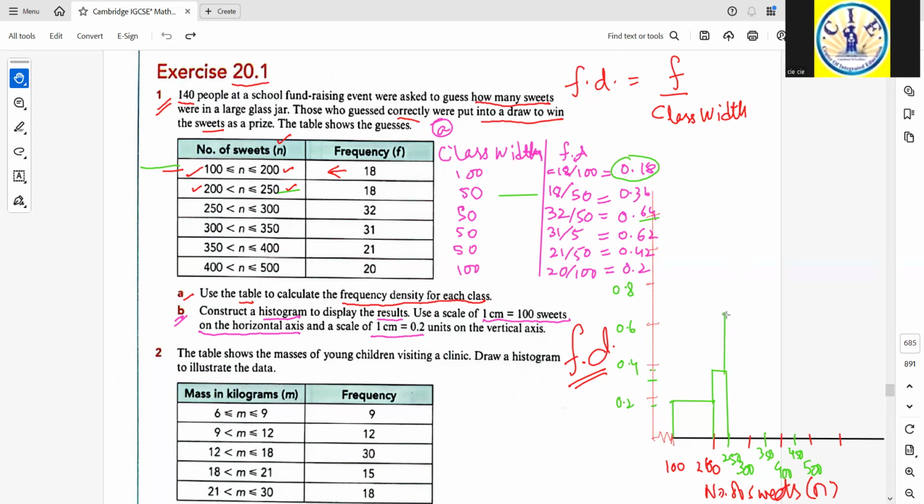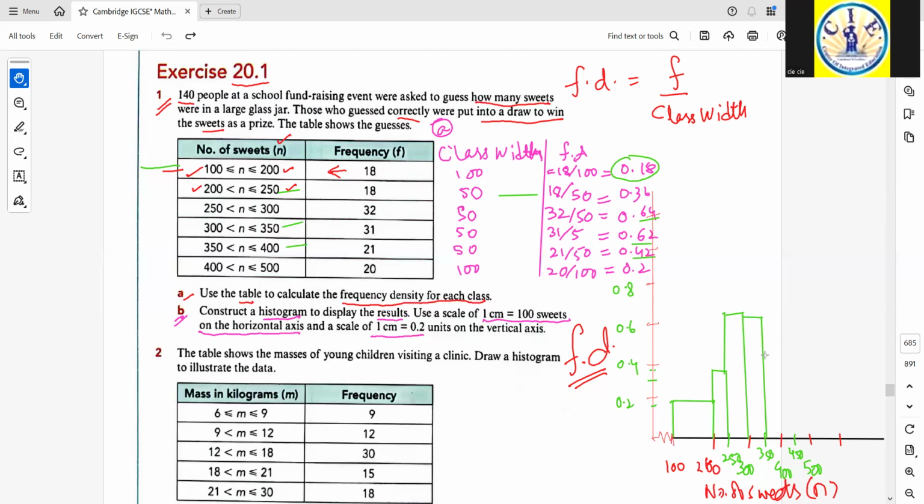Then this one, and then its height is up till 300. So that's it. And then the fourth one, its length is 300 till 350, and the frequency density is 0.62. So it would be somewhere here, and then the next one, 350 till 400, and its frequency density is 0.42.